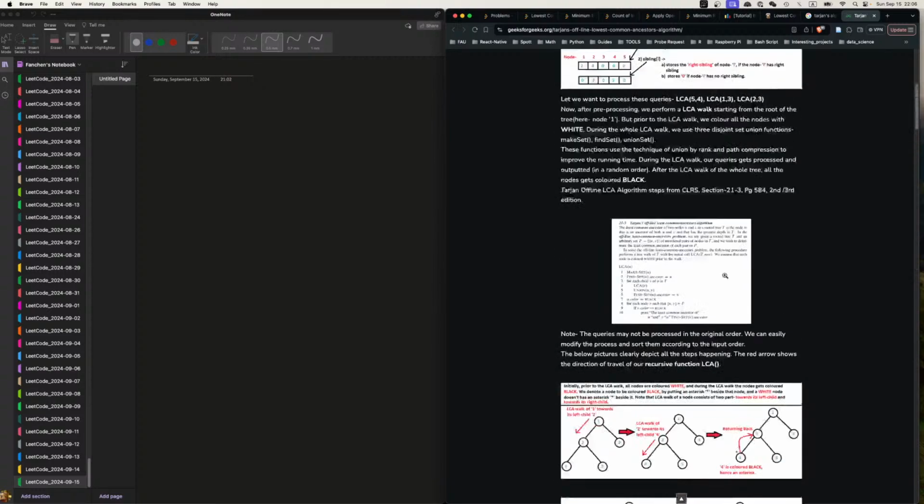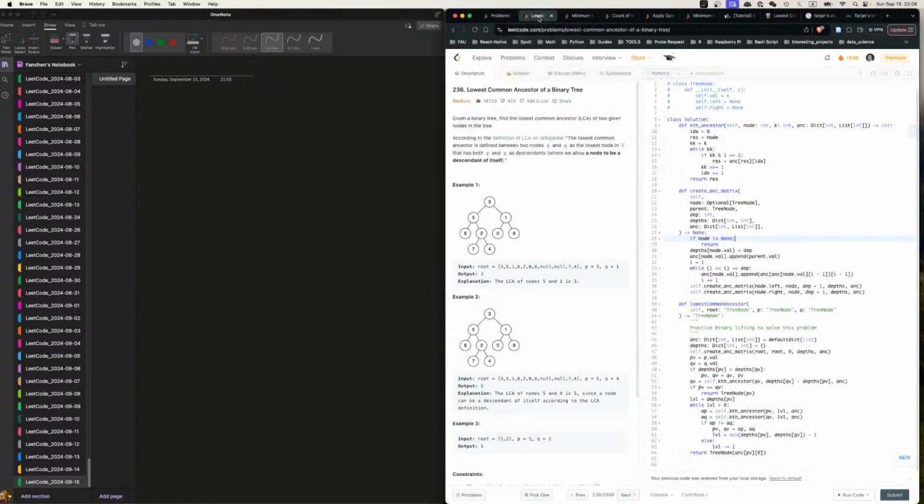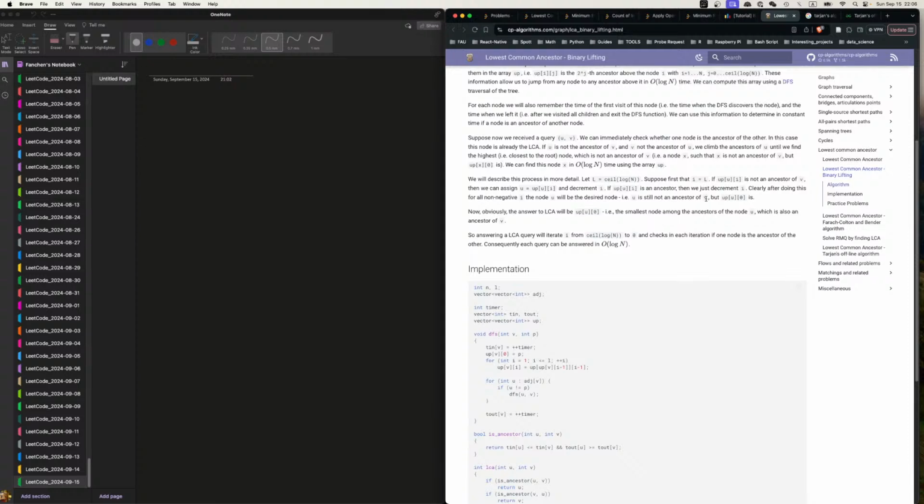All right, what's the complexity of binary lifting? What's the complexity of this? Binary lifting, O log n.